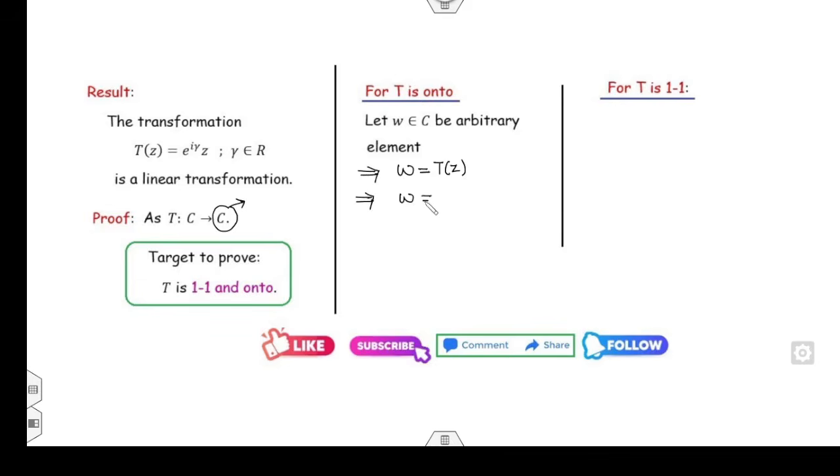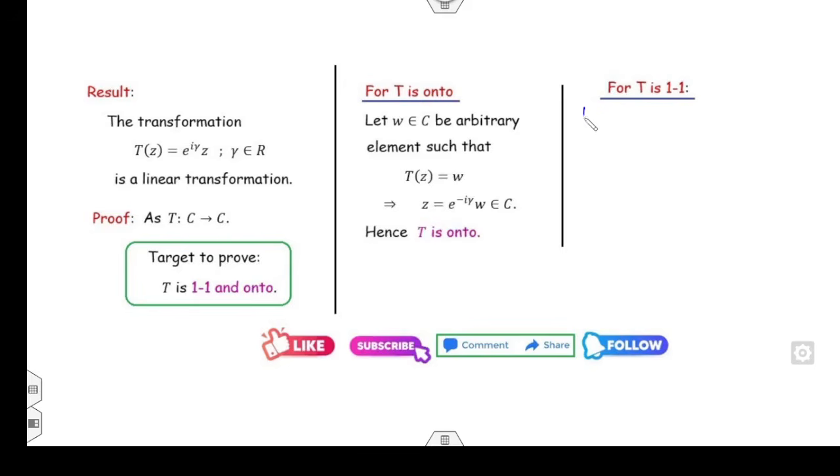Yes, you can easily find it, because T of Z is e raised to power iota gamma into Z, and clearly Z will be e raised to power minus iota gamma into W. Now, because W belongs to C, and e raised to power minus iota gamma also belongs to C, the product also belongs to C, and that Z is in the domain. Therefore, T is onto.